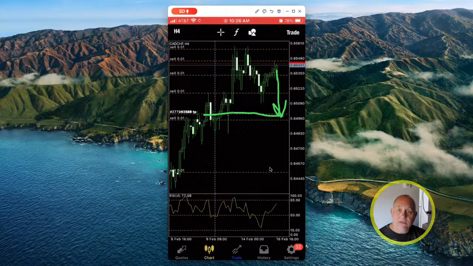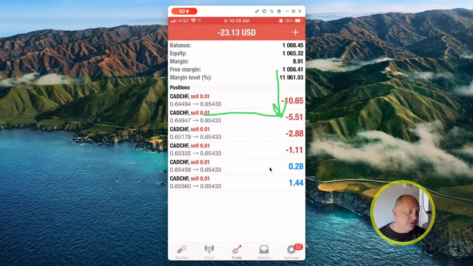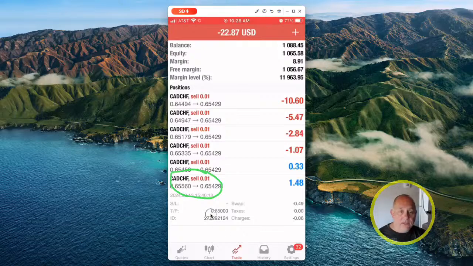So if you're just coming in and you're looking for a free signal, you can actually use this as a signal. And here's what I would want you to do. Enter a sell right now at whatever lot size is good for you. And then here's the key. Just hit sell, right? And then set your take profit to 0.65000. That's what I would do, and you'll have a good profitable trade right there.